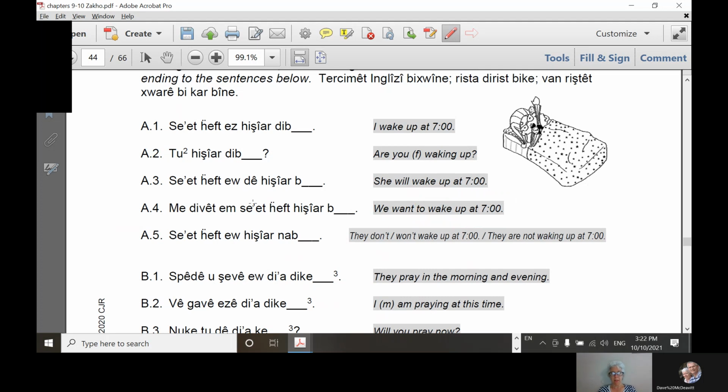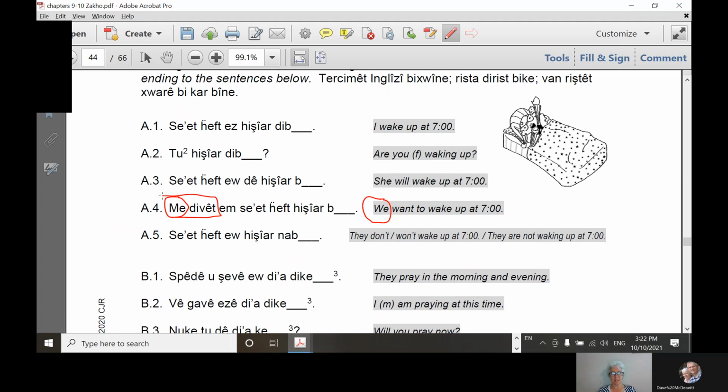So we want is the first verb sentence. Ma debate. This is ergative sentence construction.